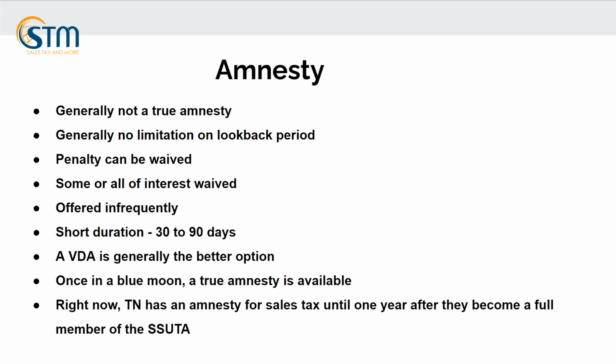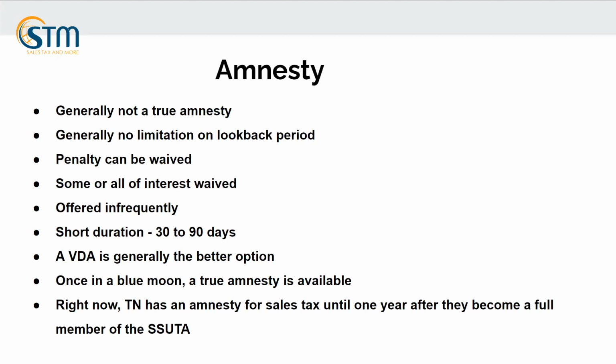Now, again, every once in a while, Washington about 10 years ago had an amnesty with a limited look back period. And we said, hey, skip the VDA, go straight to the amnesty. But amnesties are few and far between, and they're short durations. They're 30 to 90 days. And a state may offer an amnesty once every 10 years, once every 3 years. So you don't know when the next amnesty is coming.